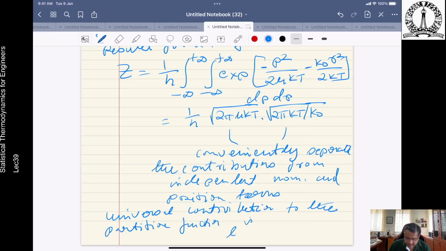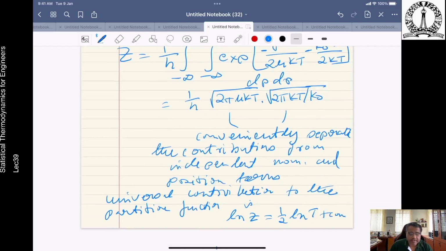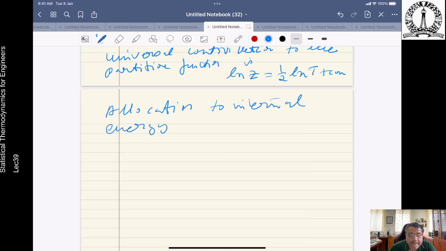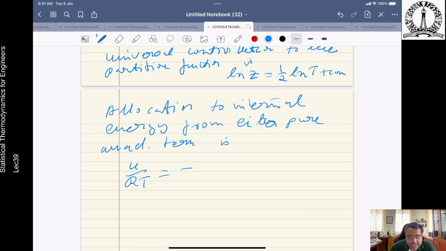So the allocation to internal energy from either pure quadratic term is, for example, U by RT is T d ln Z by dT, which is equal to half.